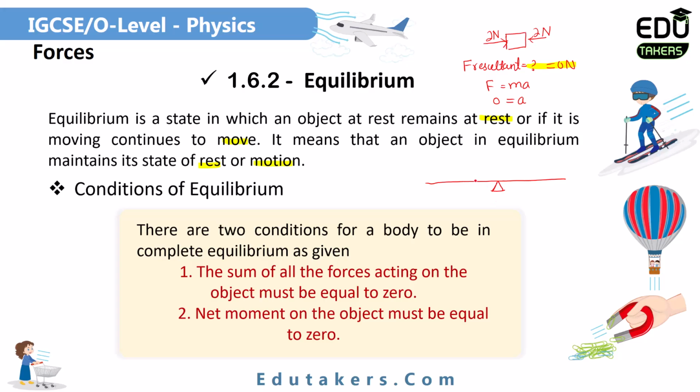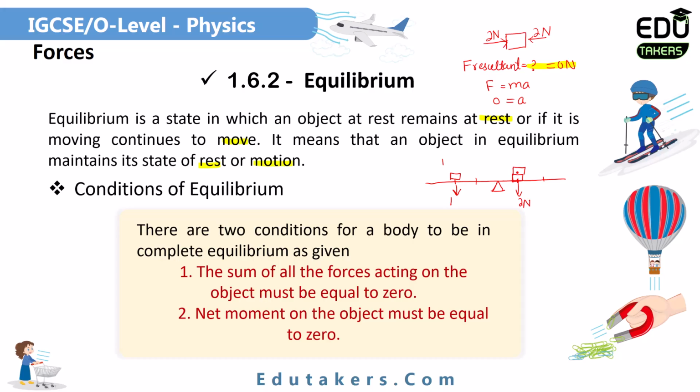I place two objects, one at 2 cm while the other is at 1 cm. The first object applies a force of 1 Newton while the second applies a force of 2 Newton. I make two boxes to show that the force exerted by this box is larger.